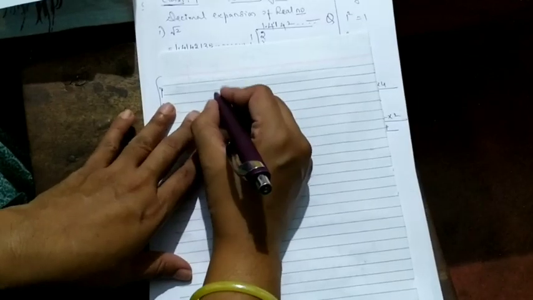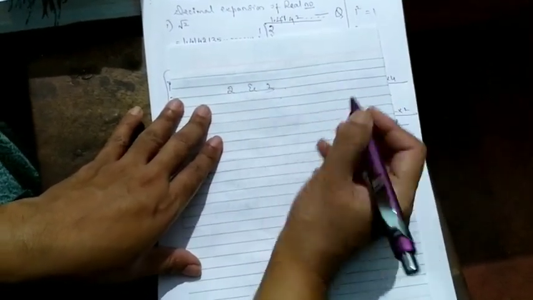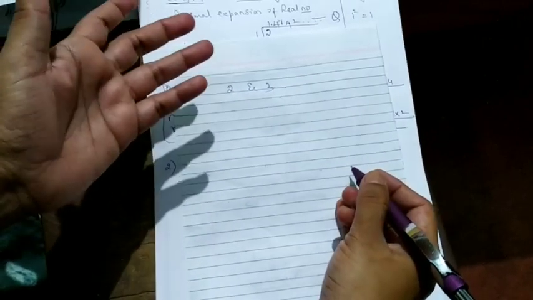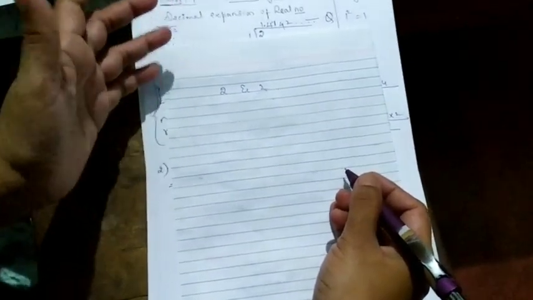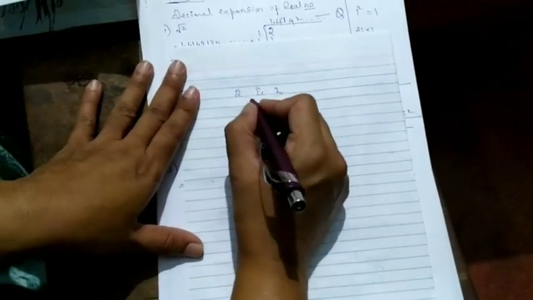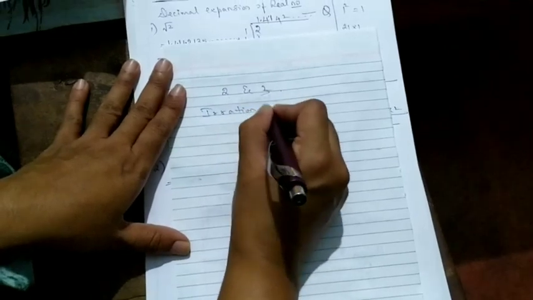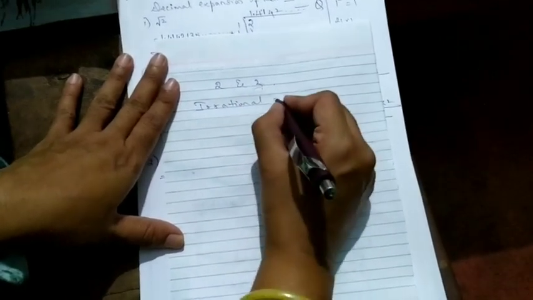Easily you can find numbers between any two numbers. If I want to find two irrational numbers between 2 and 3, because we know there are many numbers in between two numbers, it is very simple.